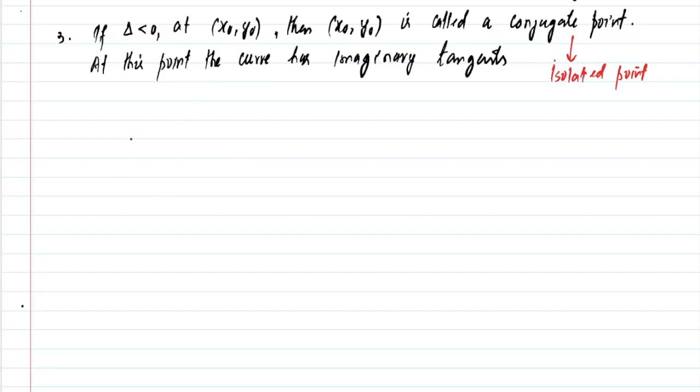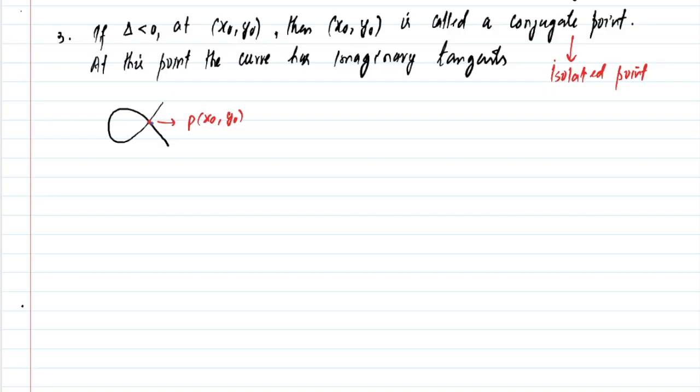So here, let's consider a graph of this shape. Suppose we have a curve that looks like this, then this is the point which will be a singular point. So we will have this point P, let's denote it by P of x naught, y naught. Then it will have the tangents like this.